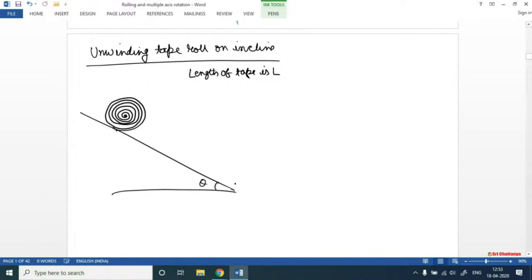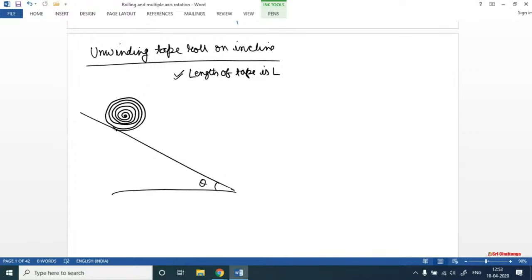The only information given to us is the length of the tape and the angle of inclination, and let's also say friction is sufficient for rolling, meaning rolling is happening. So how are we going to find out the time?